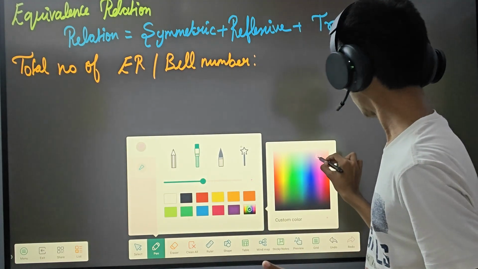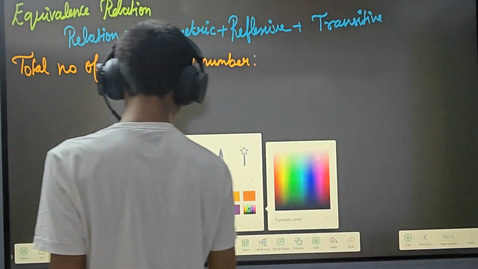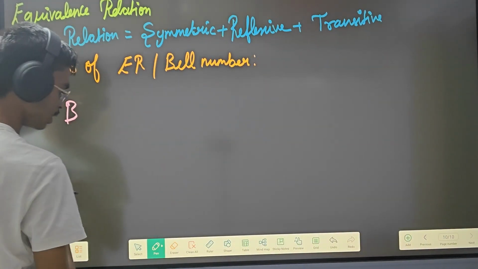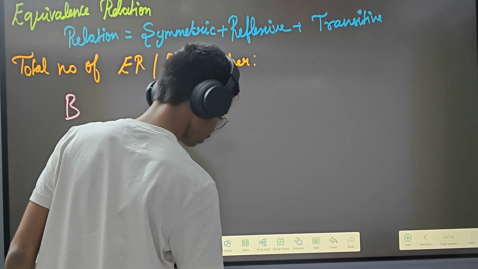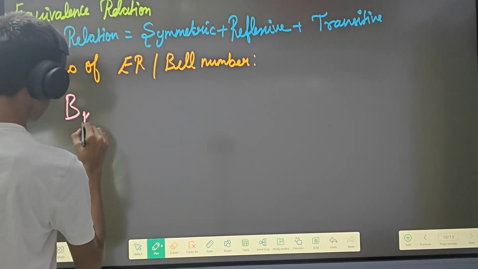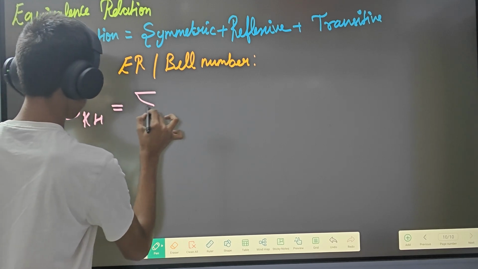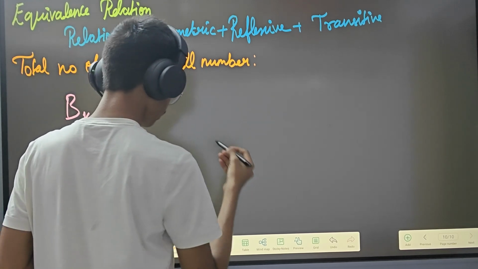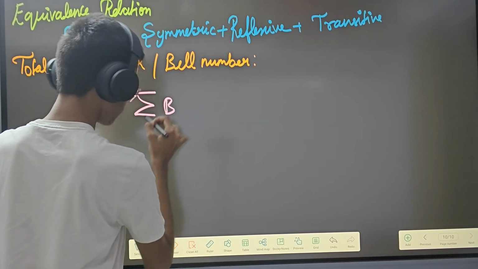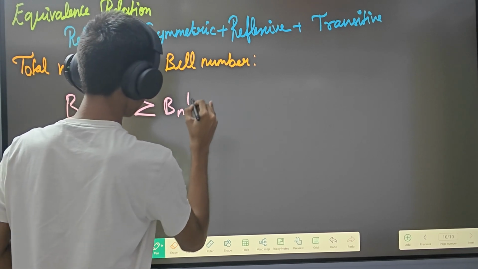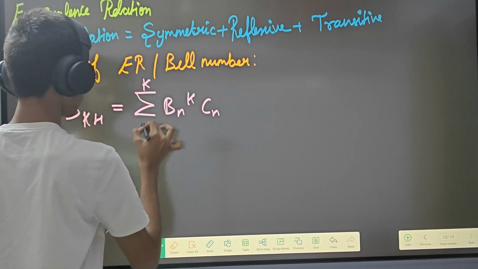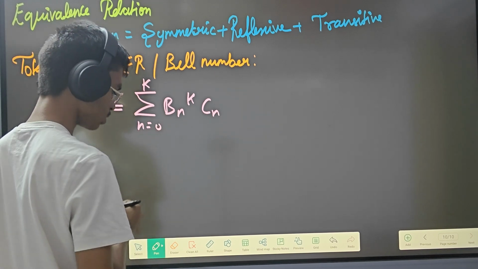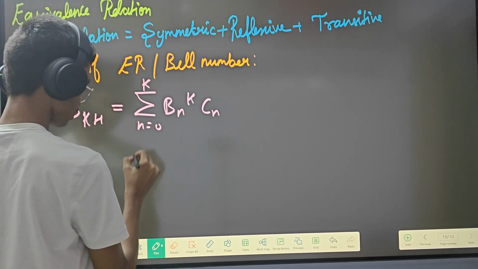We have one golden formula, which is B_k equals the summation of B_n times kCn, where the upper limit is k and the lower limit is n equals 0.